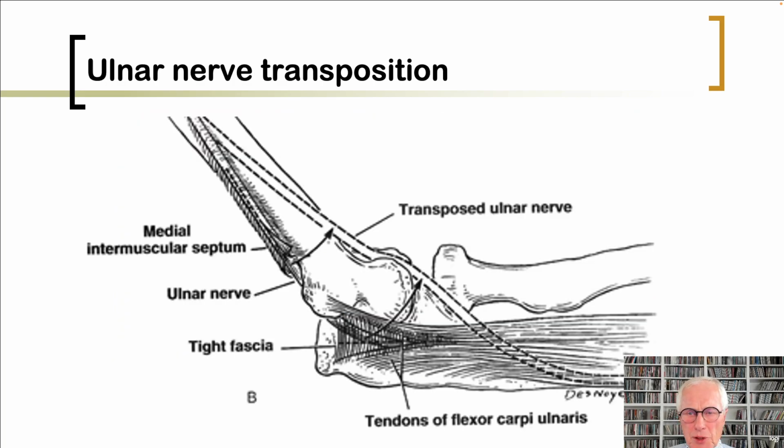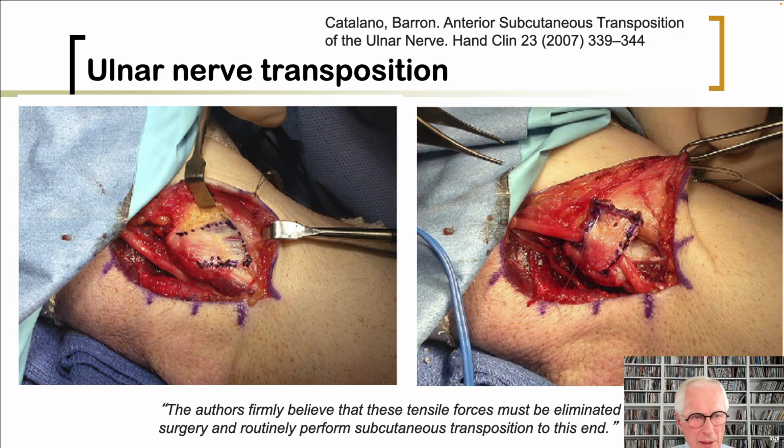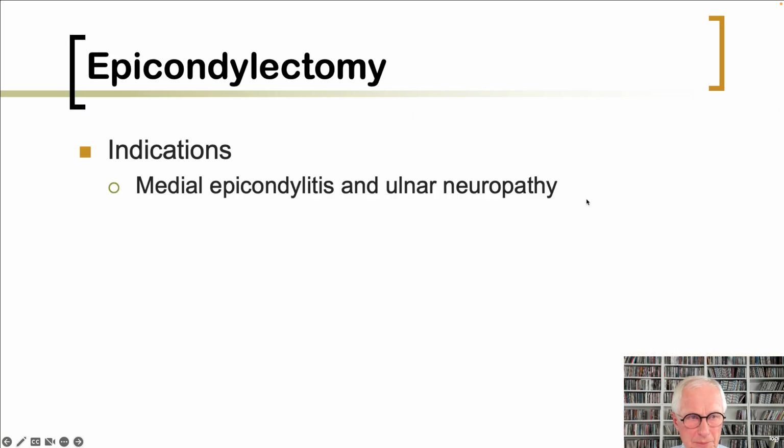Another type of surgery that is done is ulnar nerve transposition. The transposition can be done to different degrees, and the nerve can be anchored in various ways. Here, in the left picture, you can see the ulnar nerve, and when it has been transposed and fixed by the tendon, it passes in front of the epicondyle.